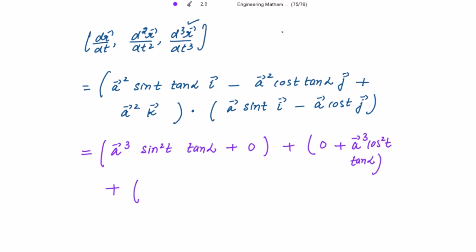Plus third component, having the dot product of k vector with i vector 0, having the dot product of k vector with j vector is also 0. So there is no need to multiply the coefficients. So it is 0.